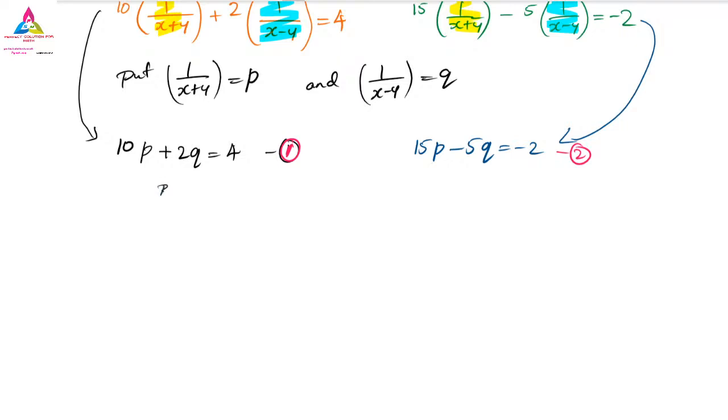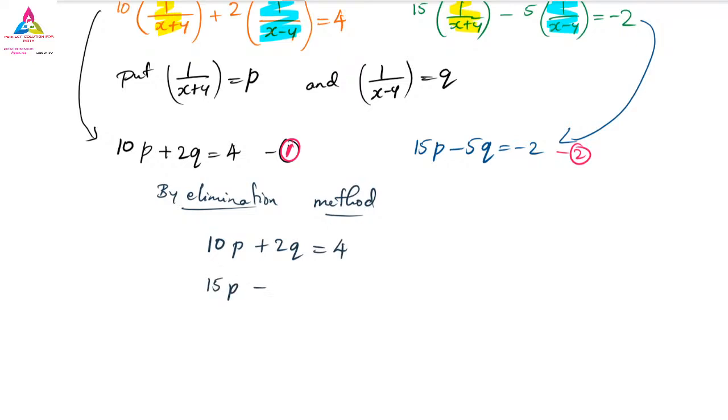So 10p plus 2q equals 4, and next 15p minus 5q equals minus 2. Most importantly, we have to follow it this way.